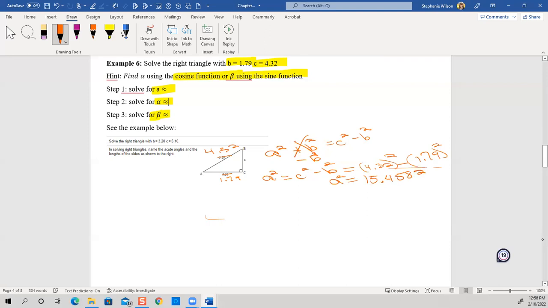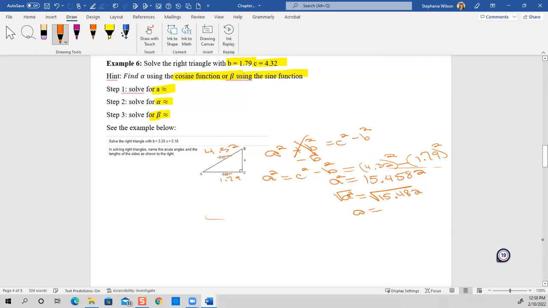So in order to find a, I have to take the square root of a squared, because square root squared reduces itself to 1 and leaves me with a. That's what I want. But what I do to one side, I have to do to the other. So let's do that. And be sure and read the directions. It may ask you to round to a specific point. We're going to round to the nearest tenths on this one.